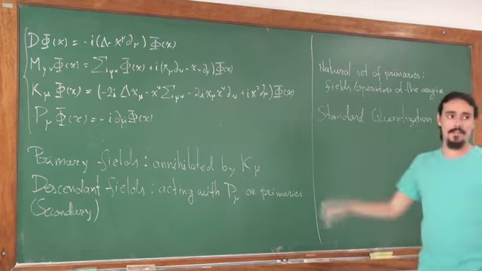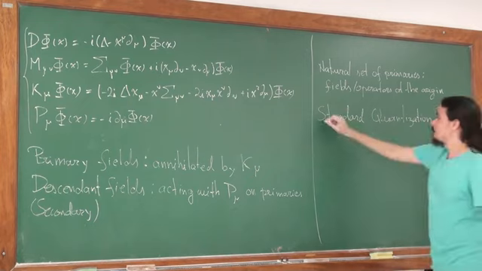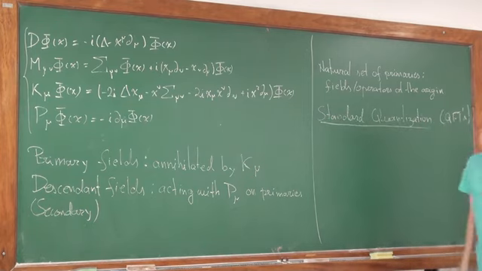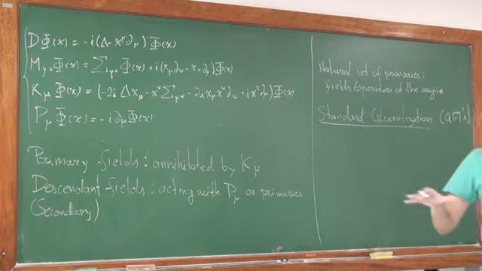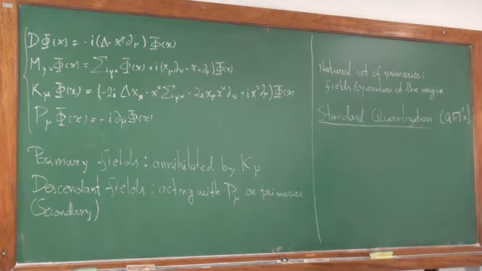This is for standard QFTs. You pick your spacetime and then you foliate it by equal time surfaces.